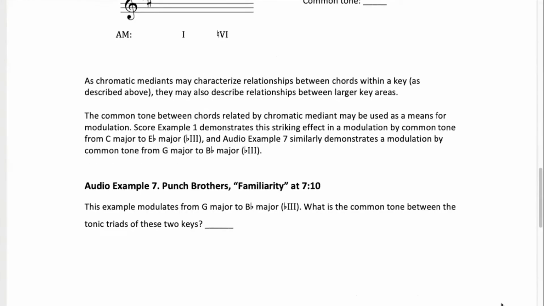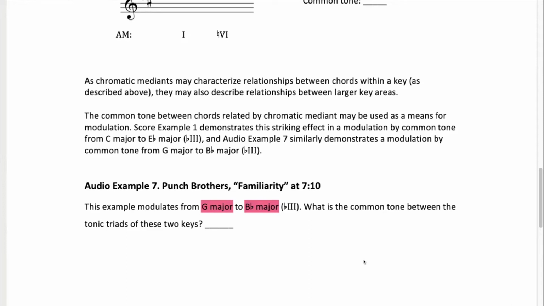The next example of modulation by common tone to a chromatic mediant key area happens in a song by the Punch Brothers called Familiarity. This particular example starts in G major and modulates to the key of B flat major.